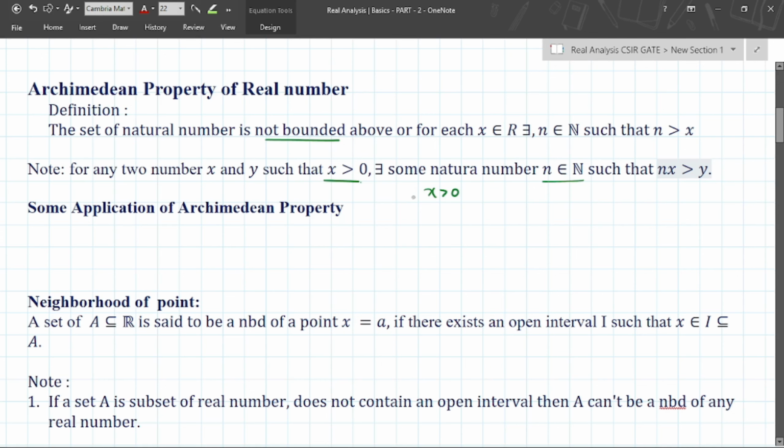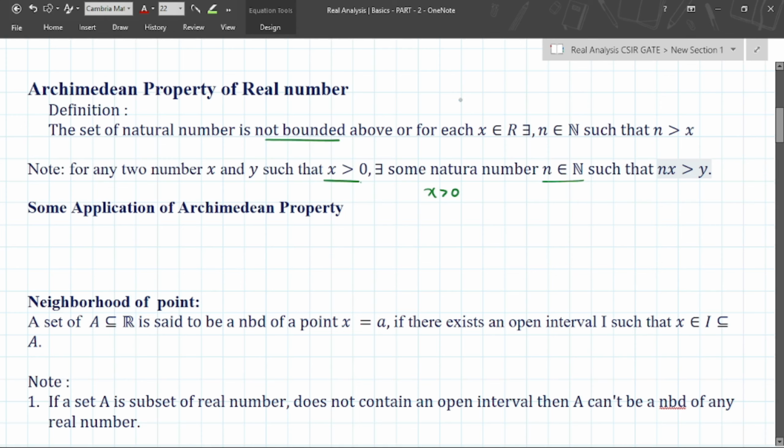It means the n multiple of x will be greater than y. So whenever you have this kind of thing, x and y, with x greater than 0, if I multiply with n, which belongs to the natural numbers, then nx will be greater than y. This is one of the properties in the Archimedean property of real numbers.